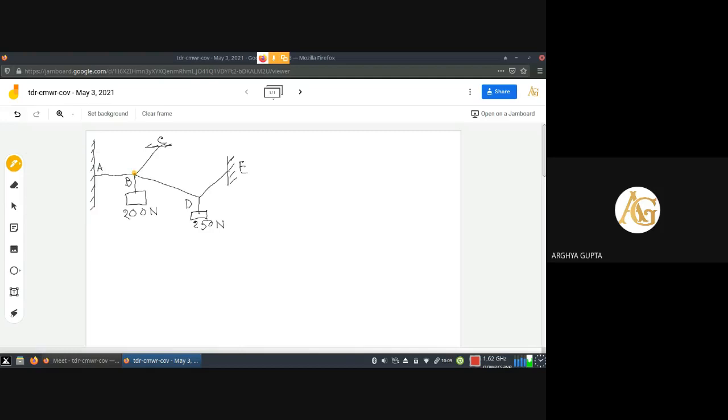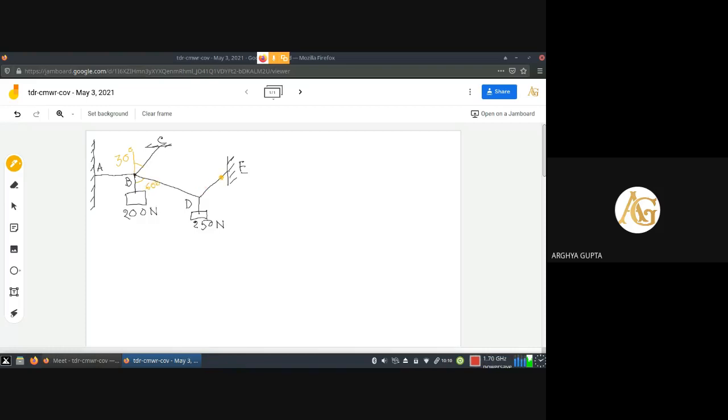So the angle is different. This angle is given as 30 degree. This angle is given as 60 degree.